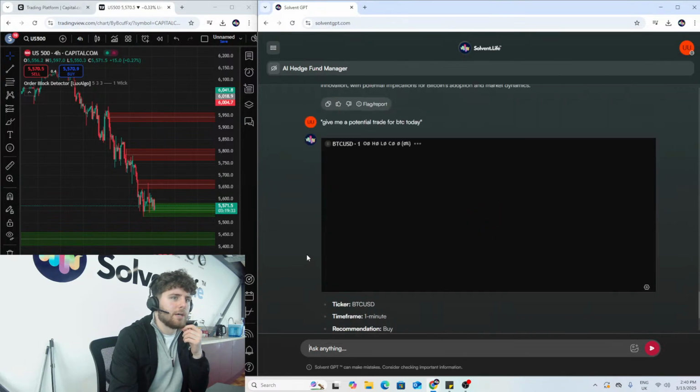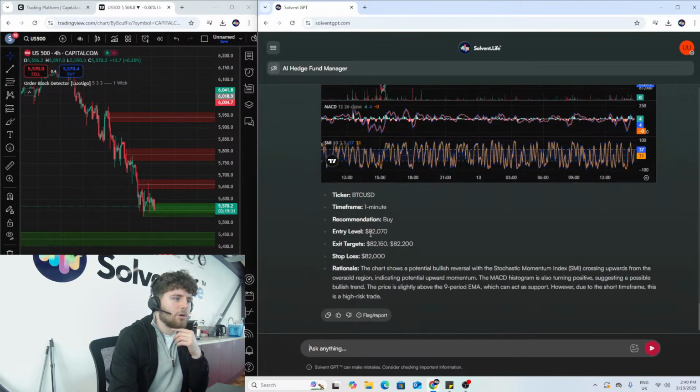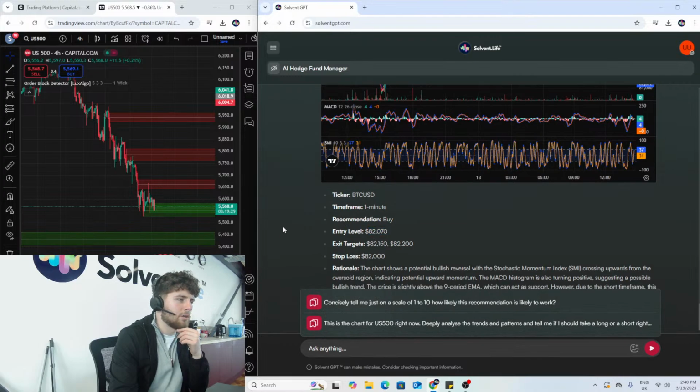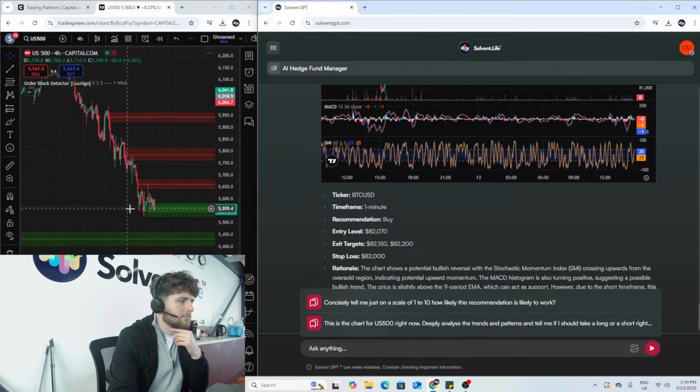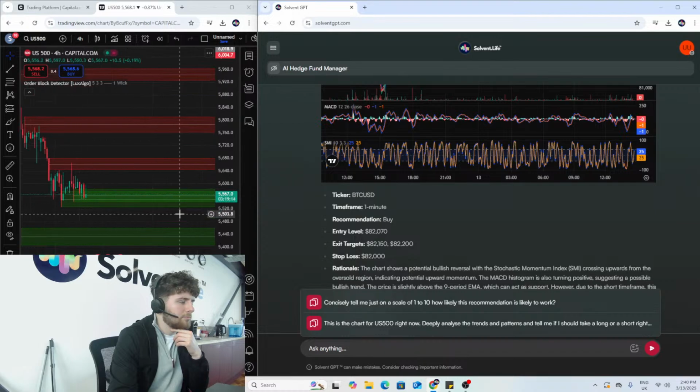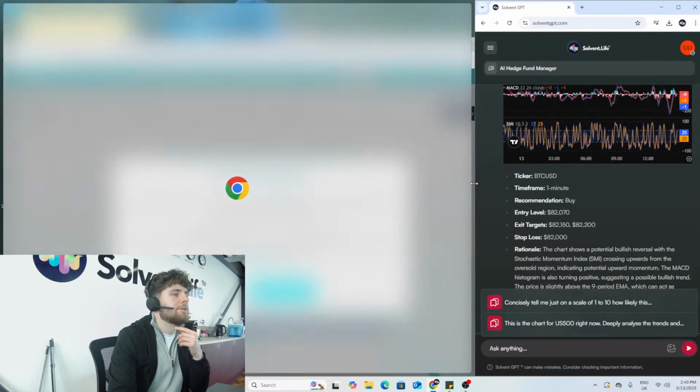Central trade for Bitcoin today. Bitcoin's hovering around the $82,000 mark. Has been for quite some time. Okay, interesting. Now, I think it'd be worth updating the GPT.